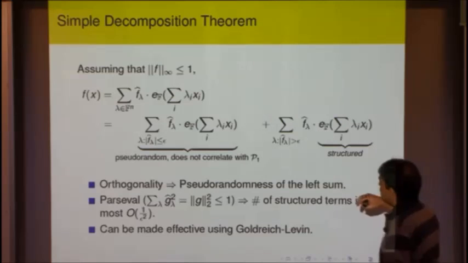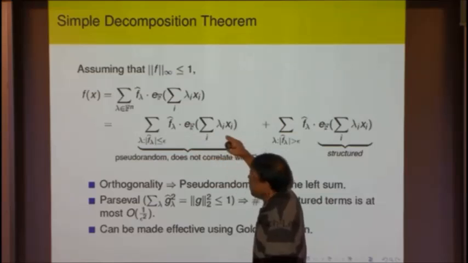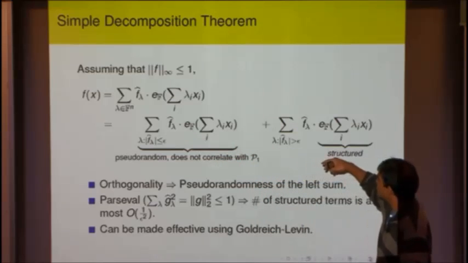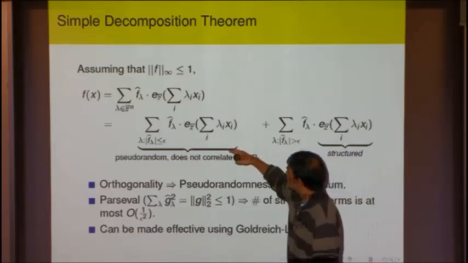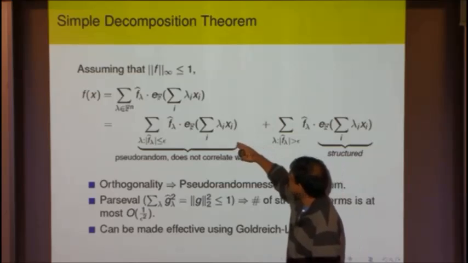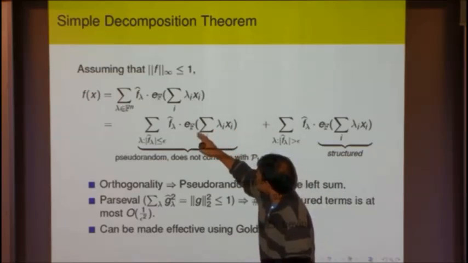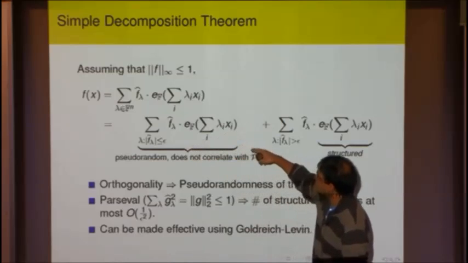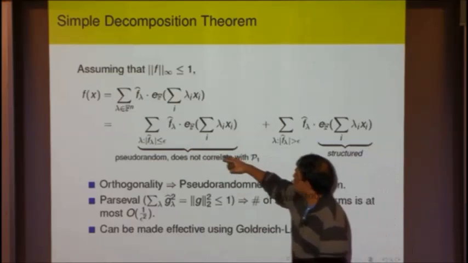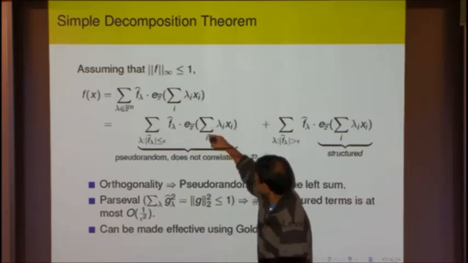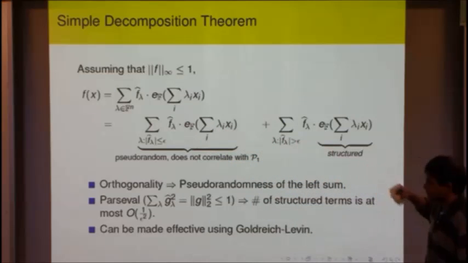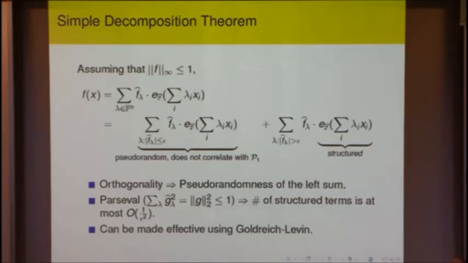This uses the orthogonality of these functions. So this function has correlation at most epsilon with any exponential of sum lambda_i x_i when lambda is in this sum, and it has correlation 0 for any lambda which doesn't appear in this sum. So orthogonality of the linear phase polynomials implies that the left side is pseudorandom.